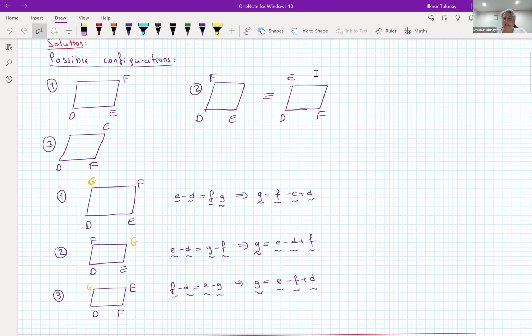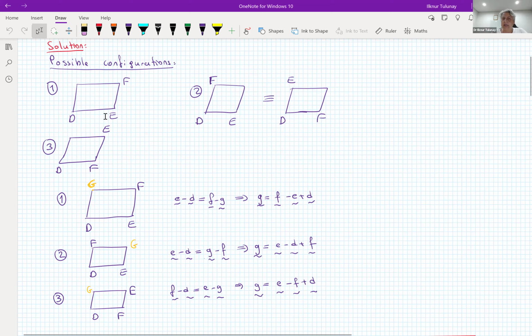Okay, and one possibility is we can put the D, E, F in this format, or we can change D, E and put the F on this side, move the F from here to here, or we can also move from E to F, this position for this position. But this one and this one are equivalent parallelograms, because parallelogram means that this one and this one have to be equal.